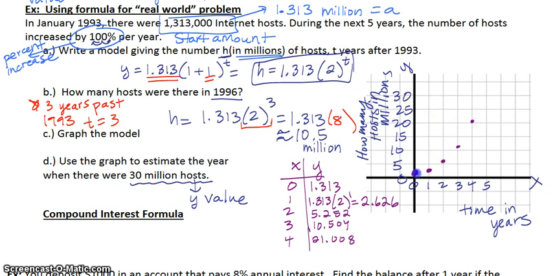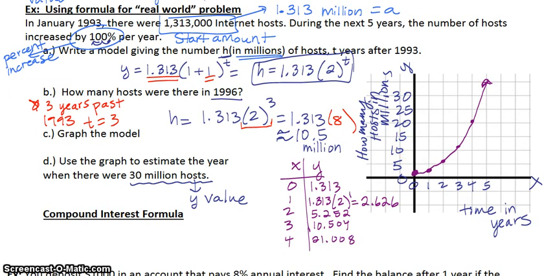There's my model. And see how we can get a much more exact model because we used more points. All right. And now I can do part, oh, and one thing I should say, this is a real-world situation. You can't have a negative time. So we're not going to go below 0 this time because we can't have negative years in this situation.